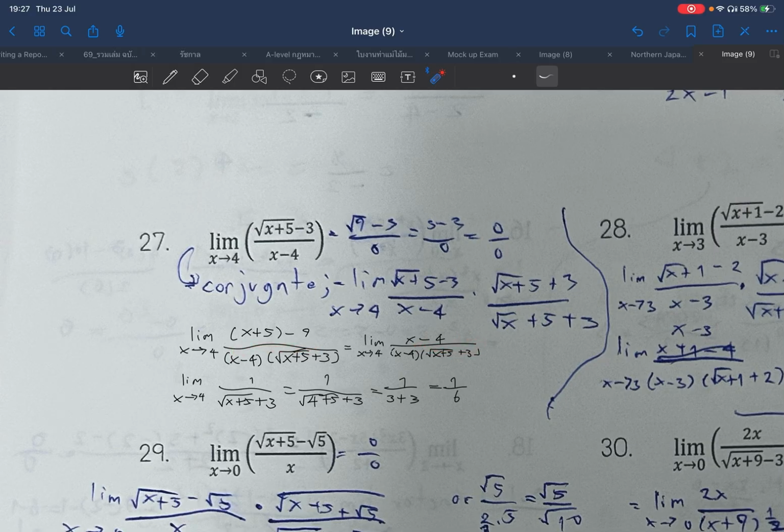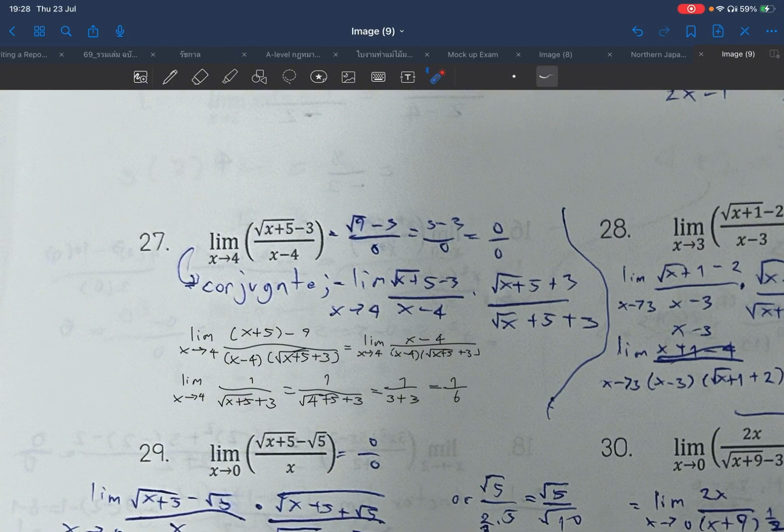So we cancel x minus 4 with the denominator to get 1 over root x plus 5 plus 3.